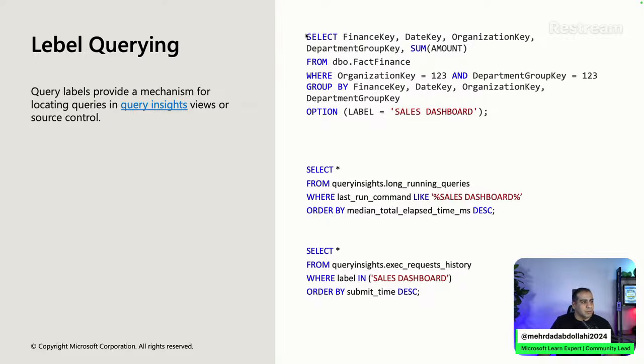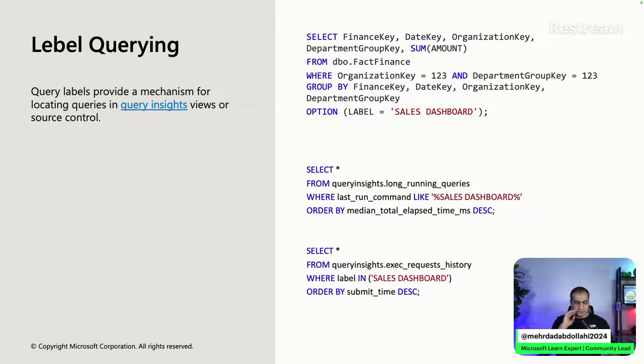In the first section, I have the query, for example, getting the data from fact finance with specific conditions, and at the end of that, I have an option of labeling. For this label, I say, hey, it is sales dashboard, and this script can be written everywhere.